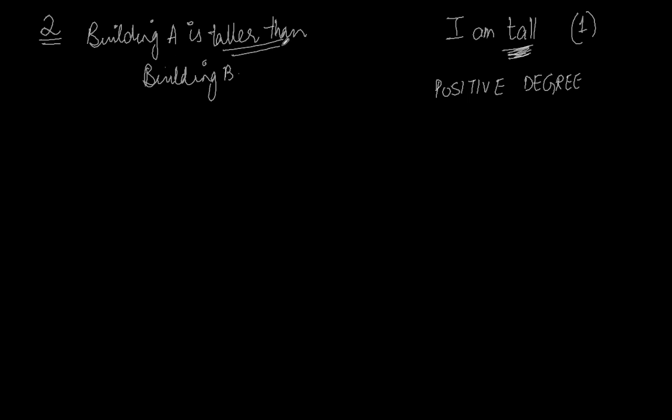But when I talk about two things, let's say building A is taller than building B, I'm using taller than because I'm comparing two things. This taller is known as the comparative degree.